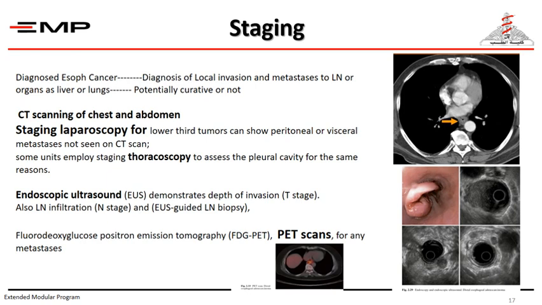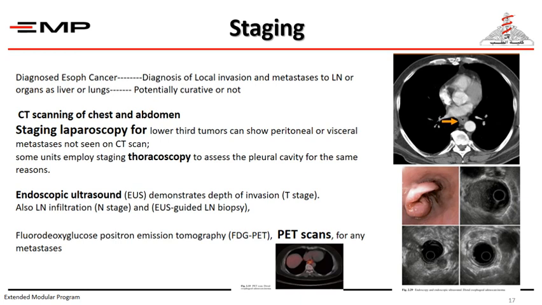After diagnosis of a malignant lesion in the esophagus, we have to stage it. We have to know if this tumor has metastasis to the liver, to the lung, or extension outside its lumen, which means local invasion. This should be done by CT scan of the chest and abdomen. Sometimes we do staging laparoscopy or thoracoscopy for detection of any infiltration.